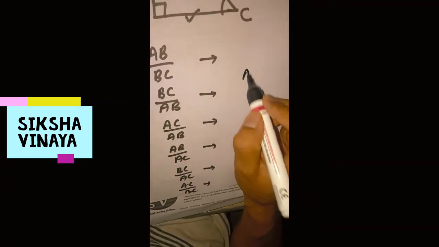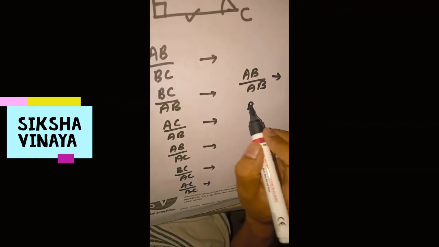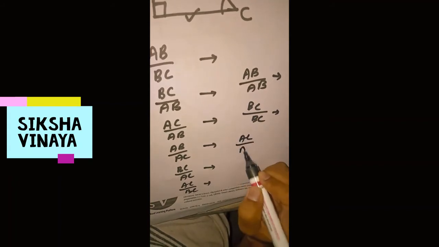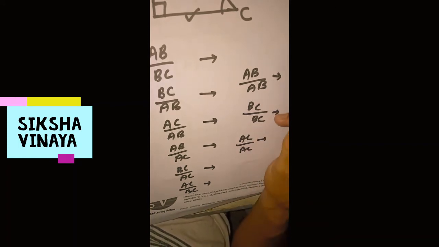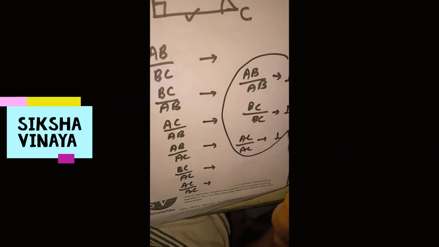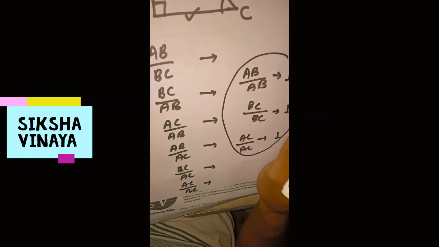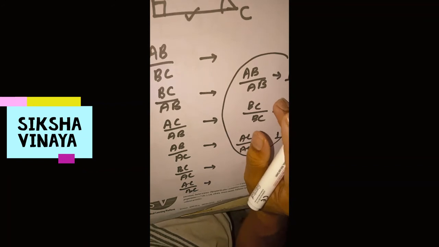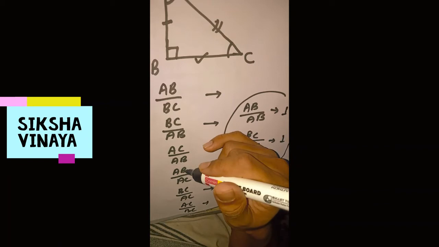No, there are another 3 also. Here you can take the ratio of AB and AB, BC and BC, AC and AC. But it can be ignored because actually it is 1. It does not give the idea of anything. That's why it can be ignored. So the necessary ratios in this triangle ABC are 6.